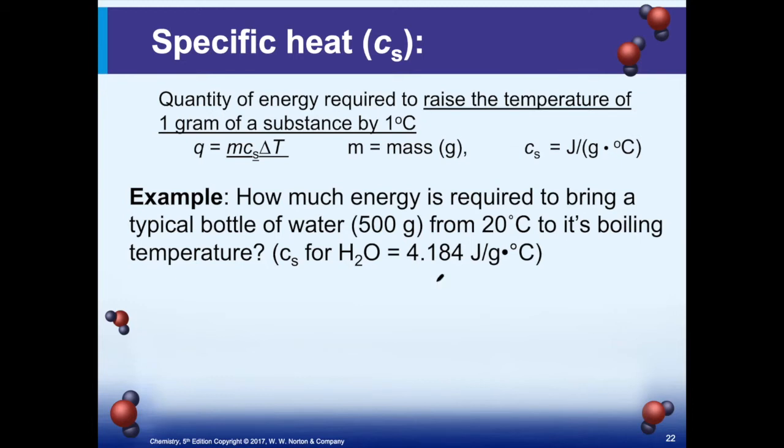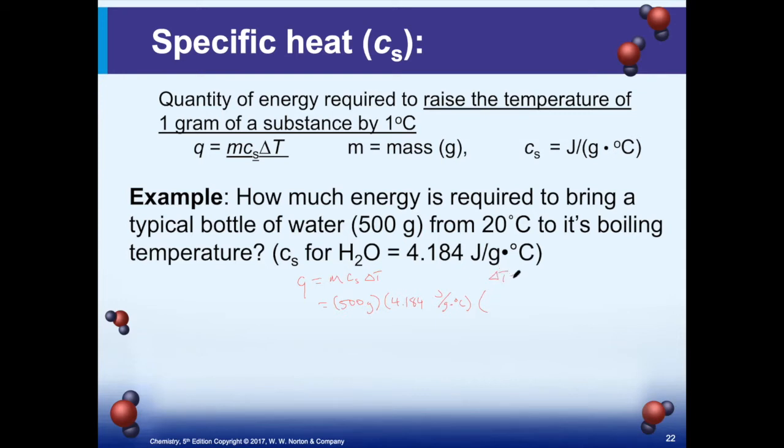Okay, so again, what we're going to start with is this equation. So Q equals the mass times the specific heat times the delta T. Okay, and the mass we're given is 500 grams. And the specific heat is 4.184 joules per gram per degree Celsius. And the delta T is important, I want to talk about this a little bit, because it's always final minus initial.